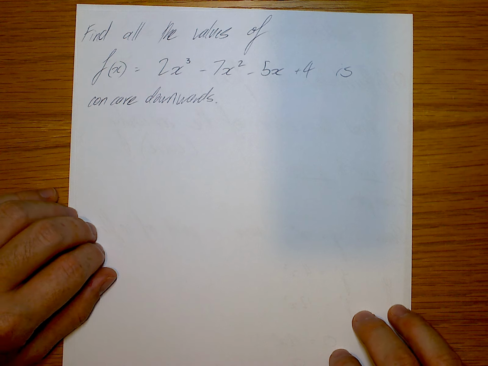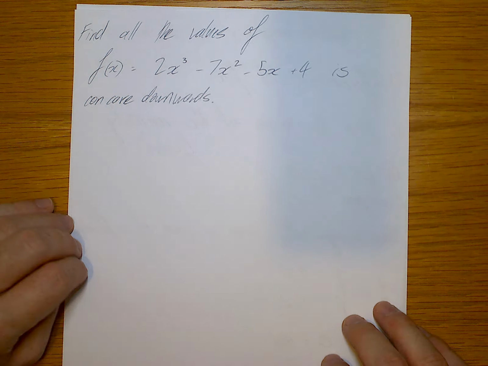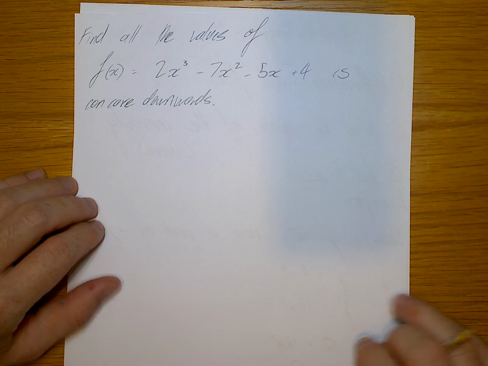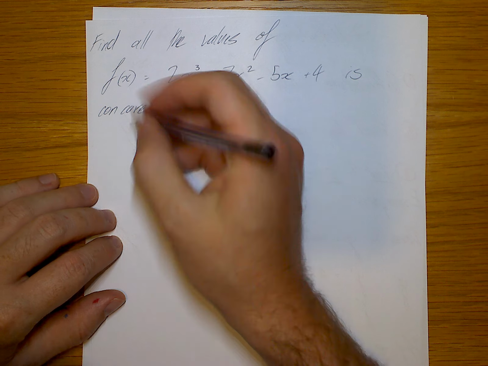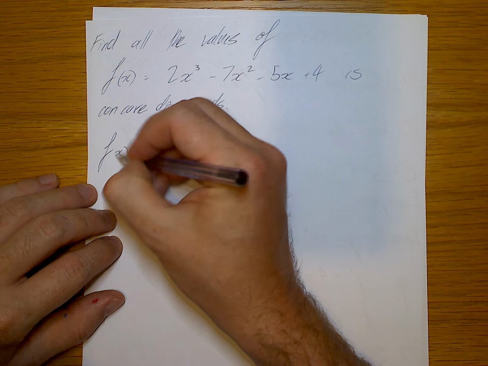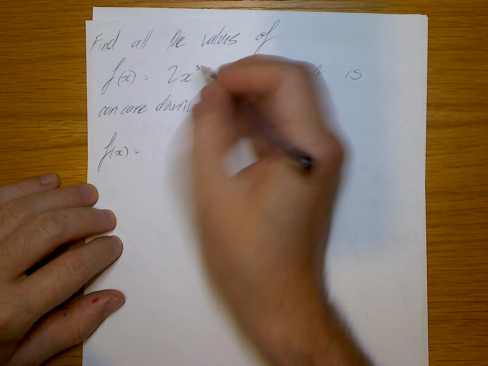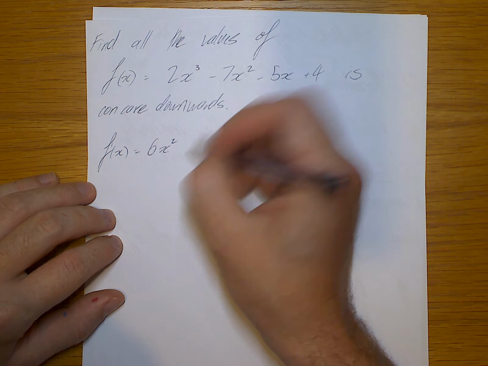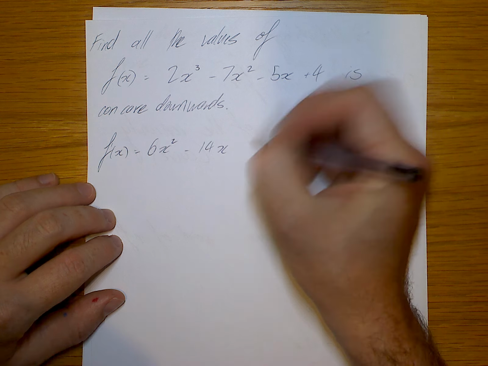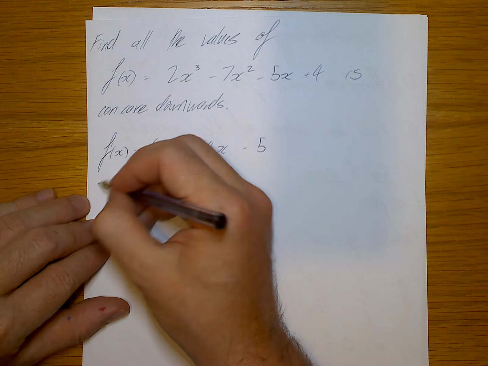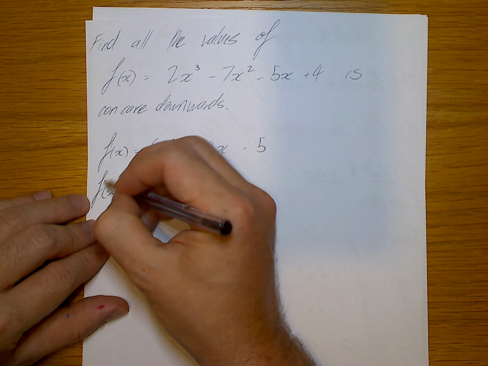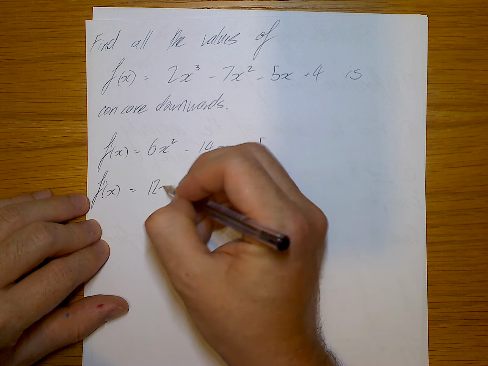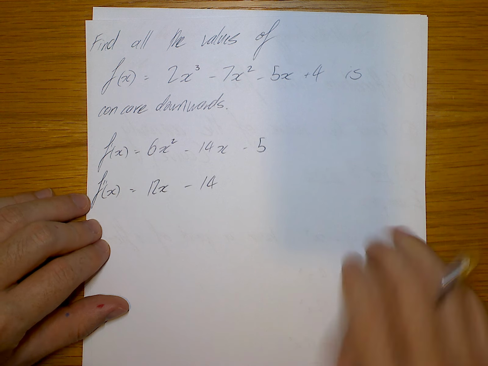Okay, let's go on to another example. Find all the values of x where the function is concave down. Okay, so we want to differentiate this twice. We already have it, so let's just go straight into the first derivative. That's going to be 6x squared minus 14x minus 5. Let's do the double dash: 12x minus 14.